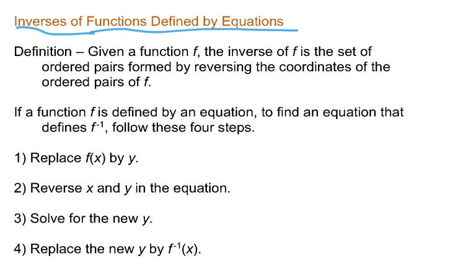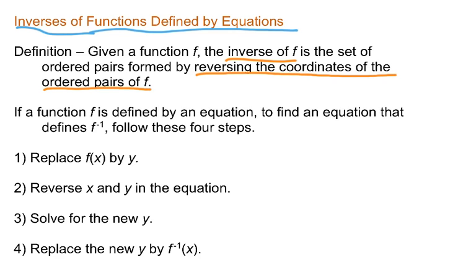So here we go. Definition: given a function f, the inverse of f is the set of ordered pairs formed by reversing the coordinates of the ordered pairs of f. Every ordered pair is reversed. The first coordinate becomes the second coordinate, and the second becomes the first.